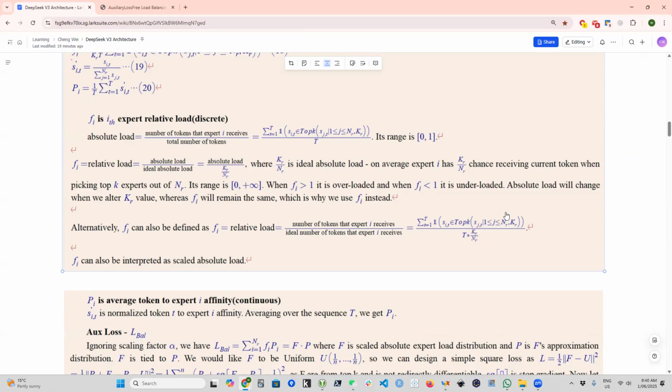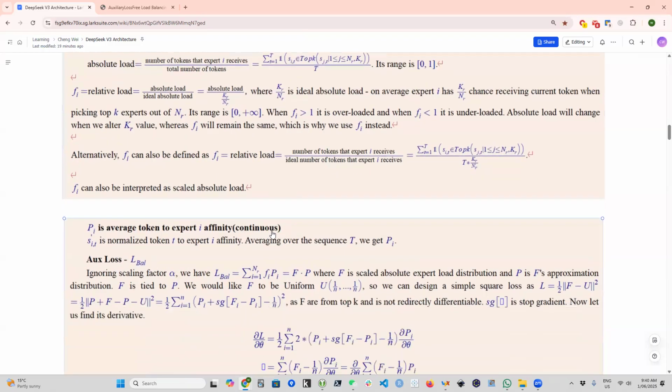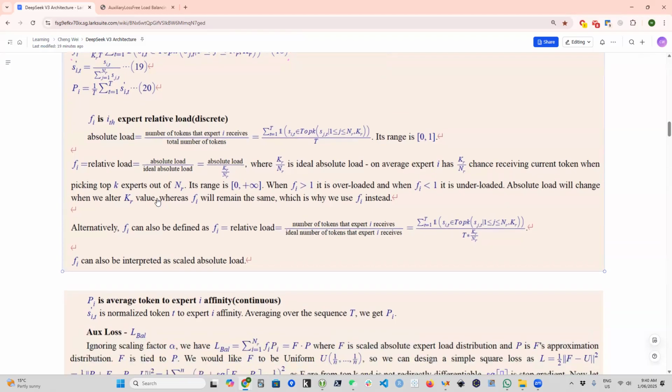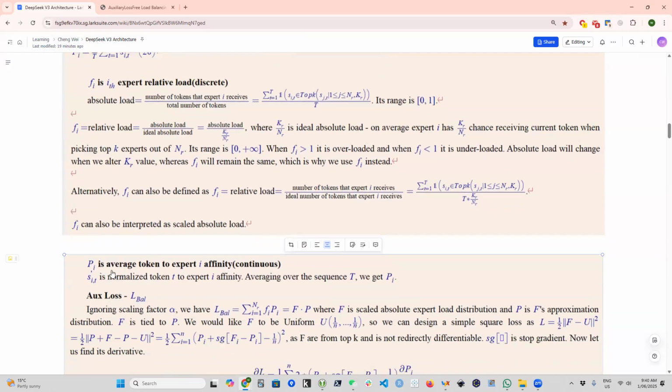But actually you receive this much. So we can understand f_i as the scaled absolute load, right? So this is the term f_i in the paper. Then P_i. P_i is quite easy to understand. It's the average token-to-expert-i affinity.